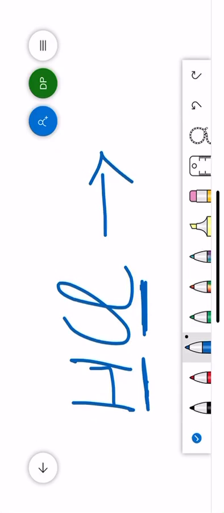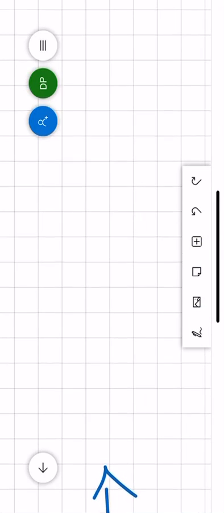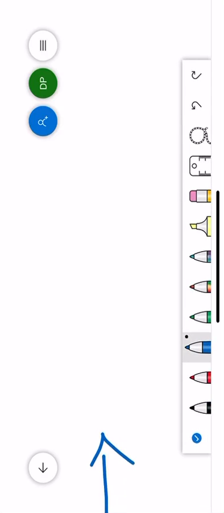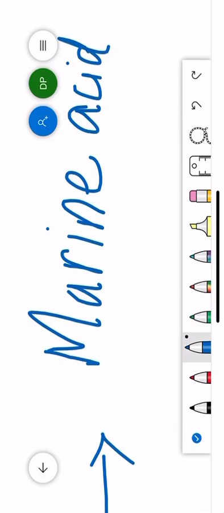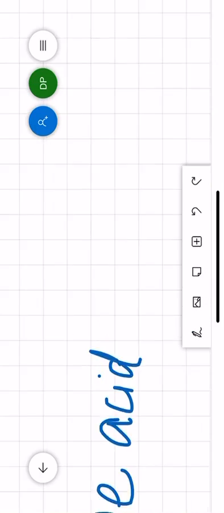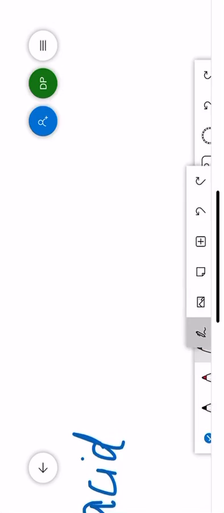So let's look at a little bit of history. First, Joseph Priestley called it marine acid. And later, Lavoisier said, what is marine acid?